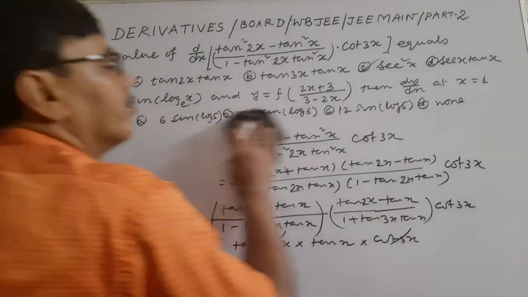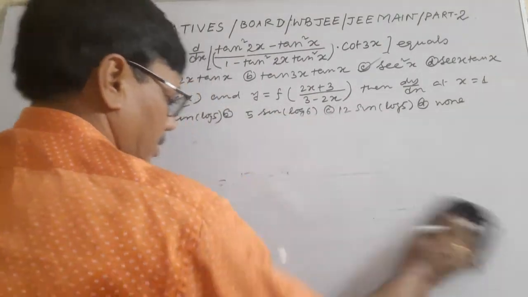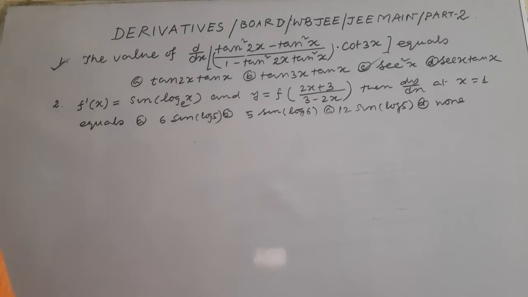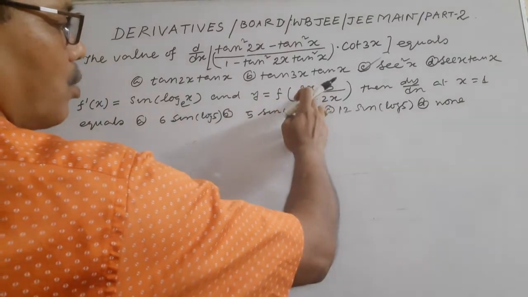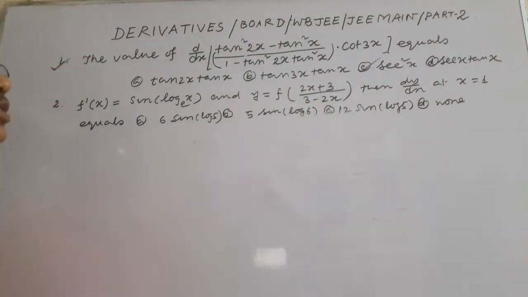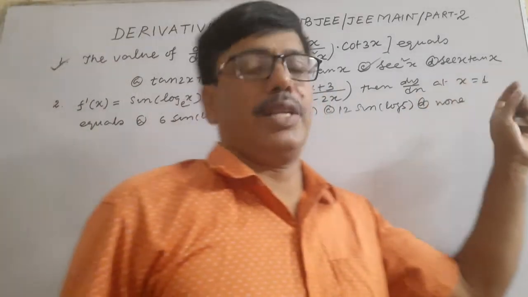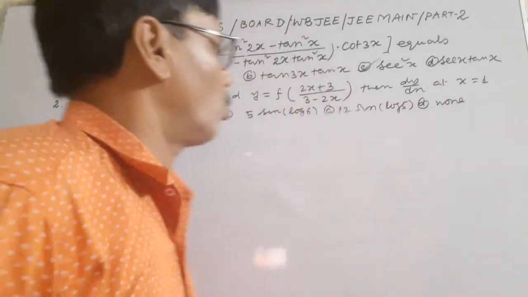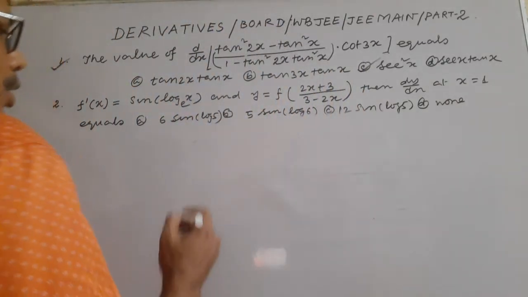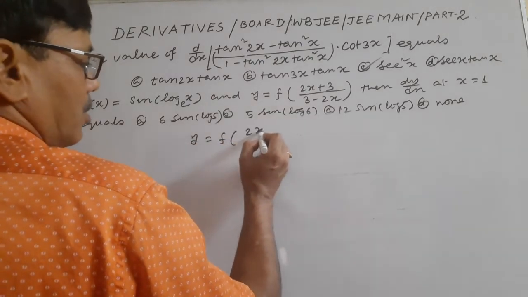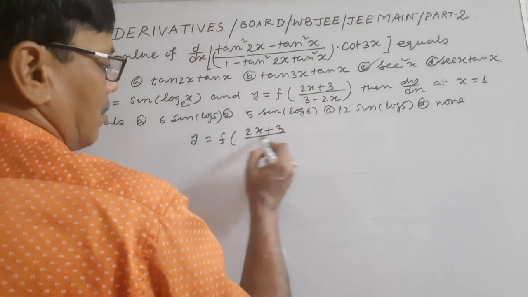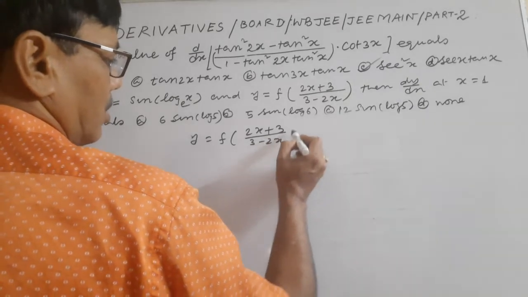Next, the second one. f dash x equals to sin log x, y equals to f of (2x plus 3) by (3 minus 2x). Find dy/dx at x equals to 1. So, y equals to f of (2x plus 3) by (3 minus 2x).